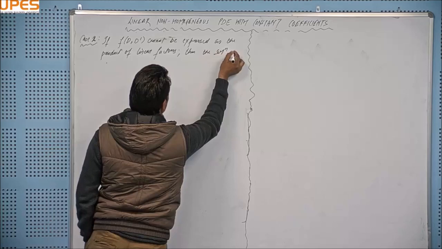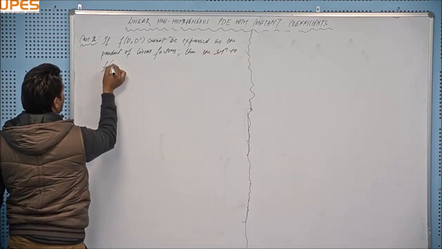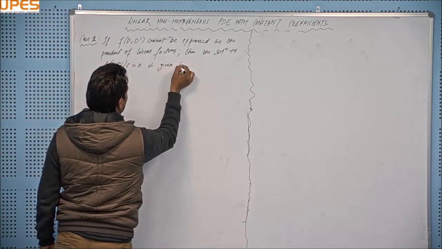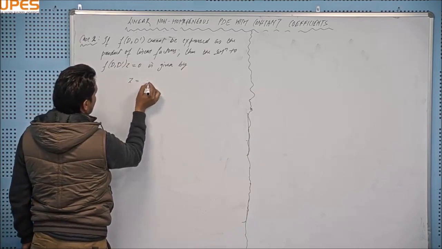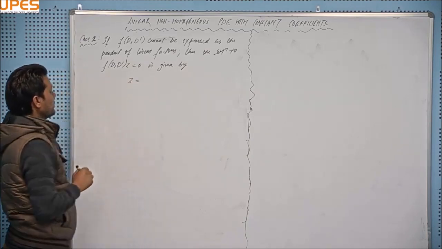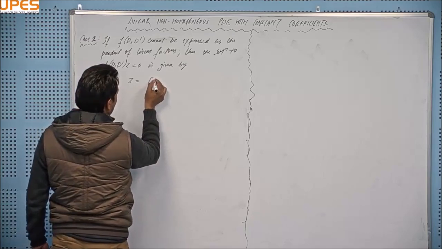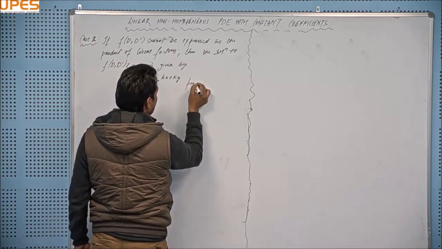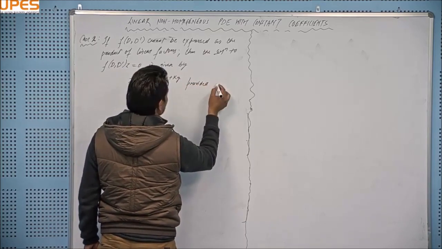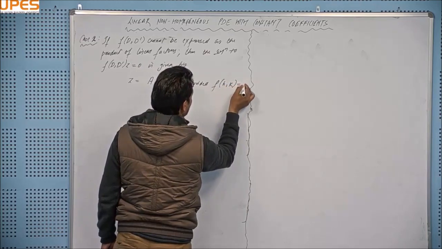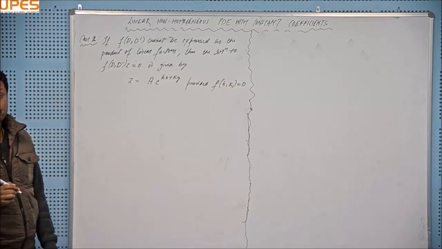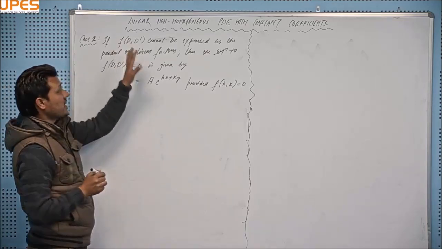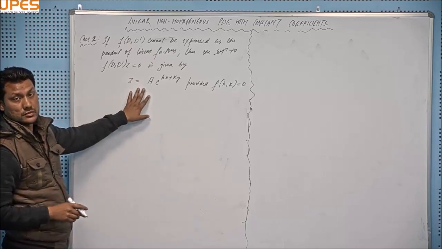The solution to f(D, D dash) z is equal to 0 is given by z is equal to A e to the power hx plus ky, provided that f(h, k) is equal to 0. If you are not able to factorize this f(D, D dash), no problem, then this will be the solution.